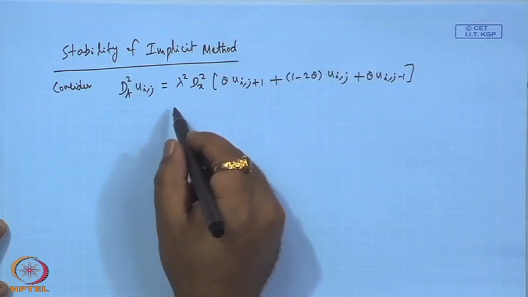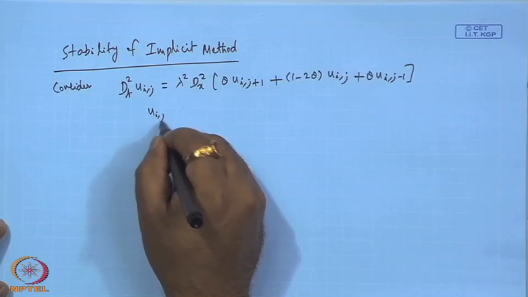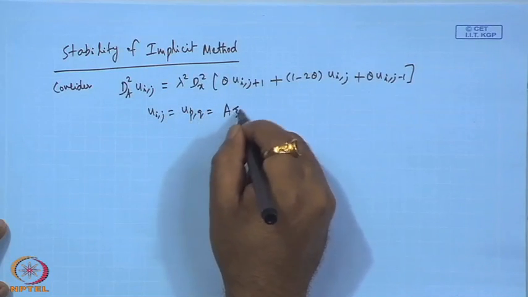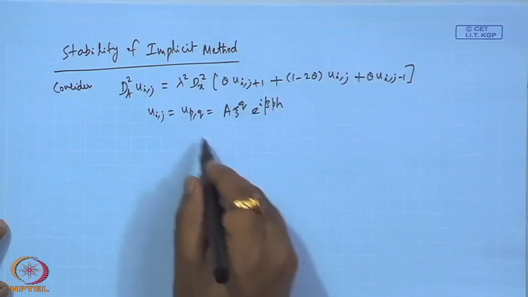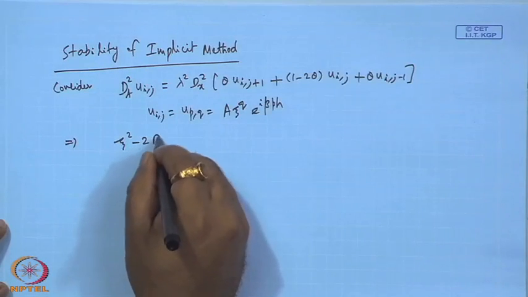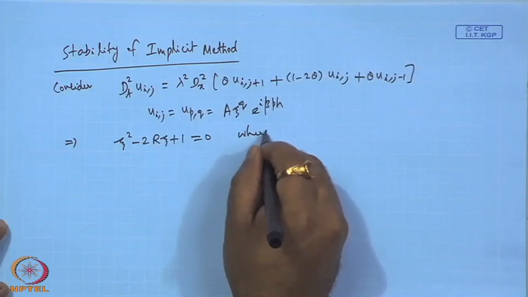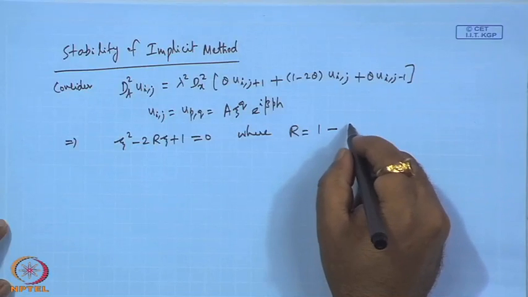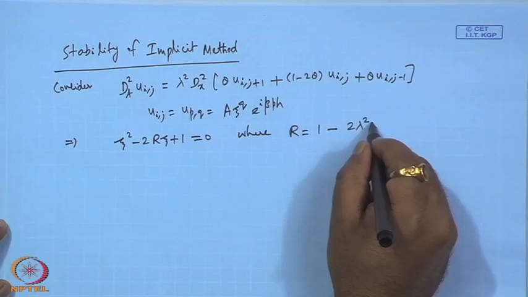So, now if we do similar, then substitute, we get equal to 0 where R is. So, this is just algebra. So, I am not giving the details, you can work it out.